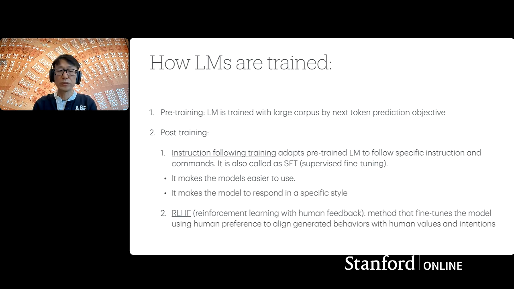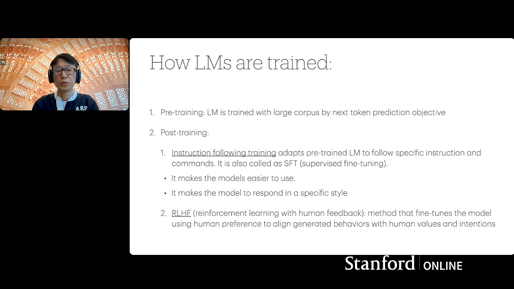So once the model is finished with this pre-training stage, it is fairly good at predicting any word coming next, given the inputs. However, the pre-trained model itself is not easy to use.